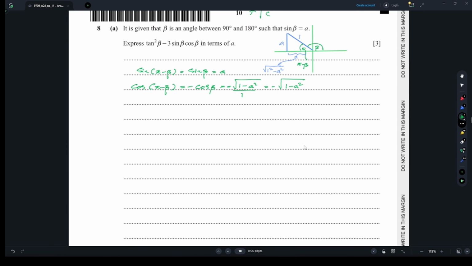Now we have to find the answer for tan square beta minus 3 sine beta times cos beta. Tan square beta I can write as sine square beta over cos square beta, minus 3 sine beta cos beta.